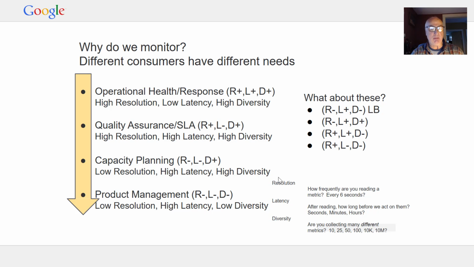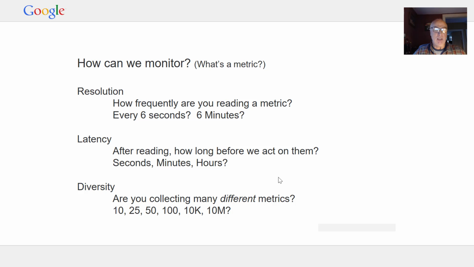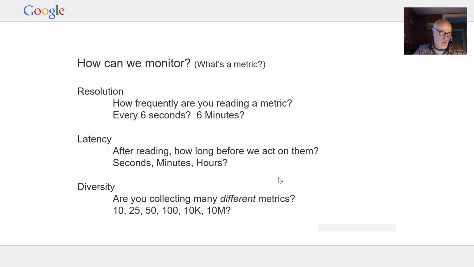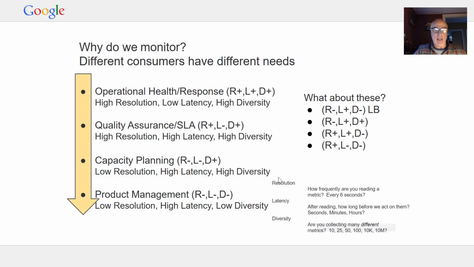But let's look at capacity planning. In capacity planning, we have low resolution, so we don't take our values very frequently. We have high latency, so we don't act on it very quickly either. And then we have high diversity, so we're looking at lots of different metrics. That's capacity planning.